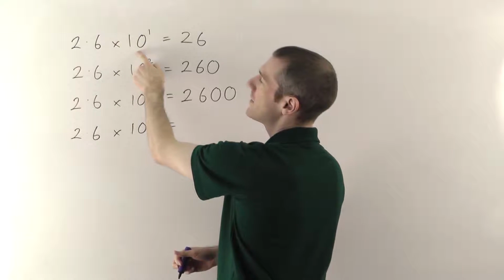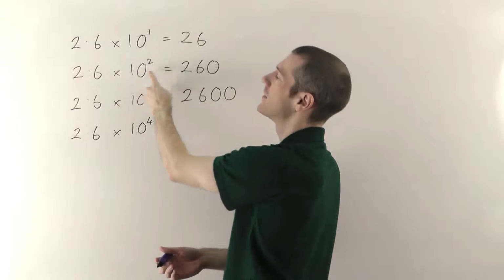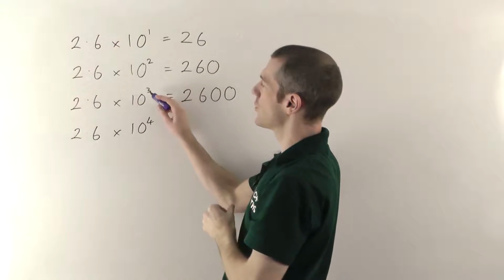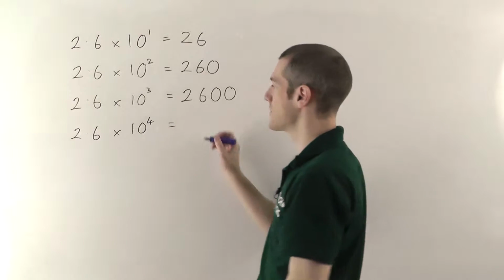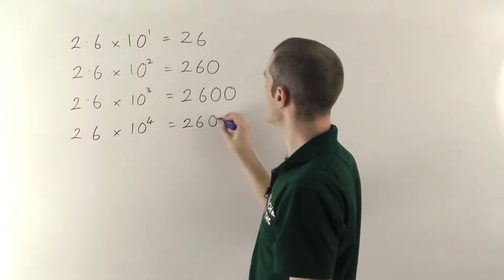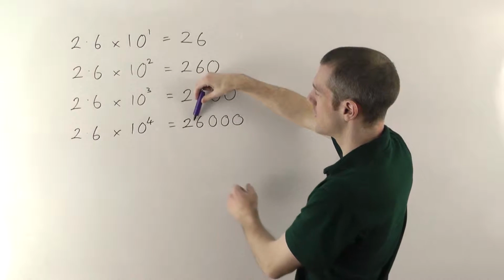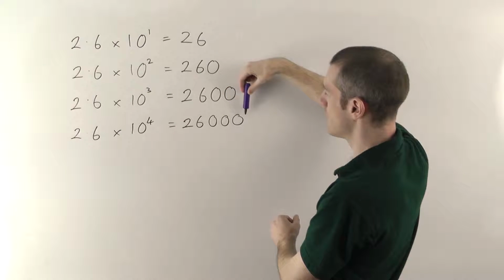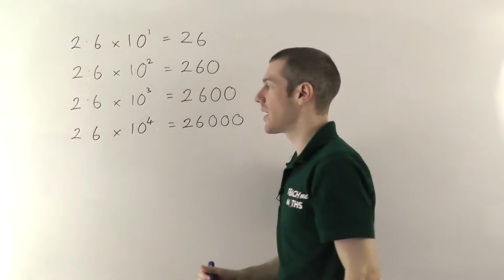Timesing by 1 10, you move the decimal point once. Timesing by 2 10s, you move the decimal point twice. 3, you move it 3 times. 4, you move the decimal point 4 times. So in this case, I'm going to get 26,000. The decimal point was here. We're going to move it 1, 2, 3, 4 times. And we can carry on this pattern as far as we like.